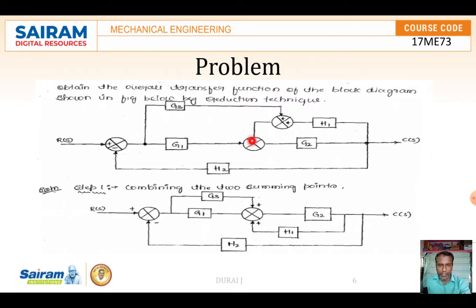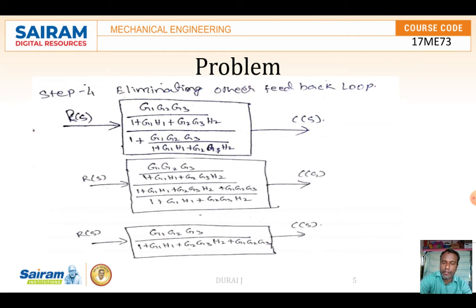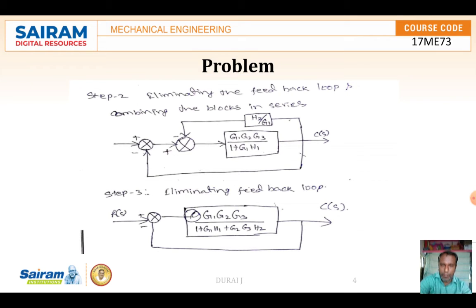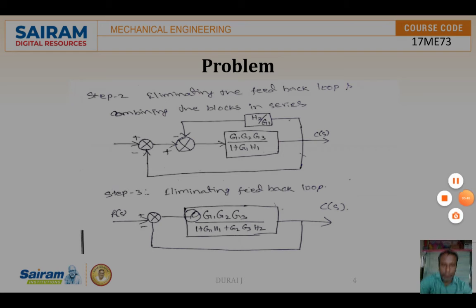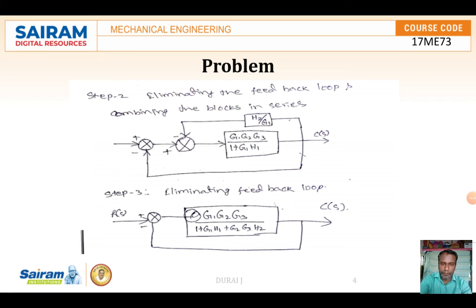The only thing we have to remember here is converting these two summing points into a single one. Another point to remember: in the previous problem, a simple loop was given, and for the feedback we take the value as 1.